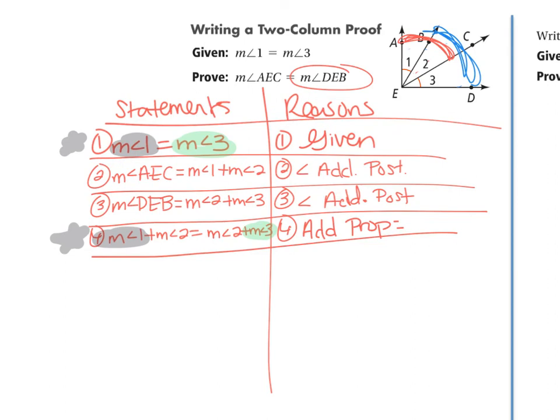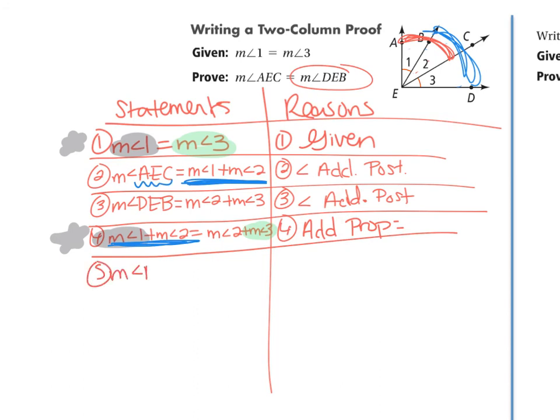Okay, now let's go. We have from here, measure of angle 1 plus the measure of angle 2. Well, that looks like this right here. So what does that equal? Well, that equals AEC, so I can plug that in right here.